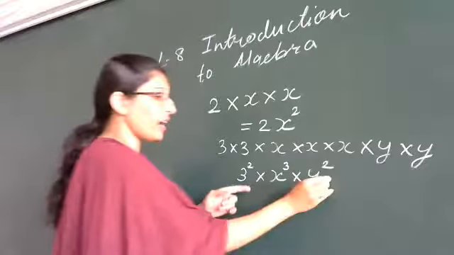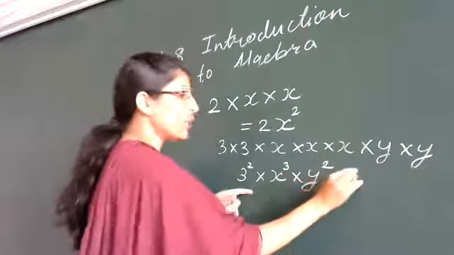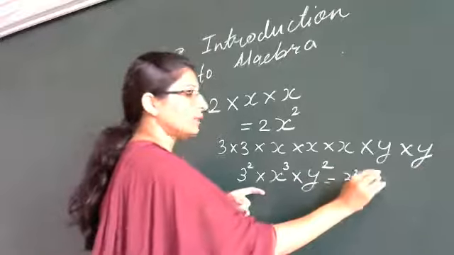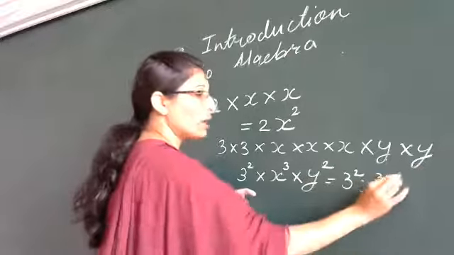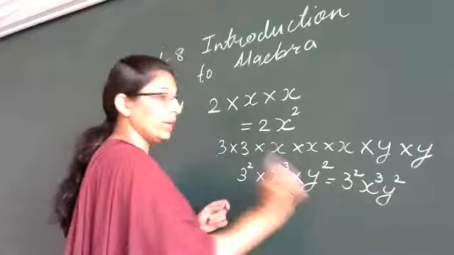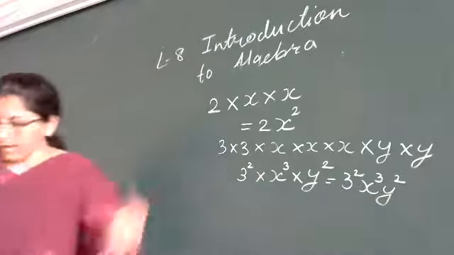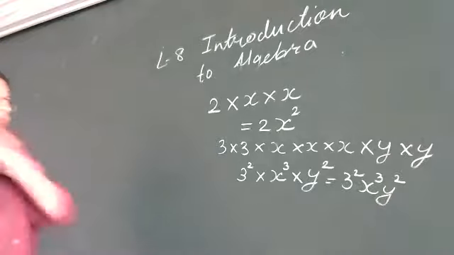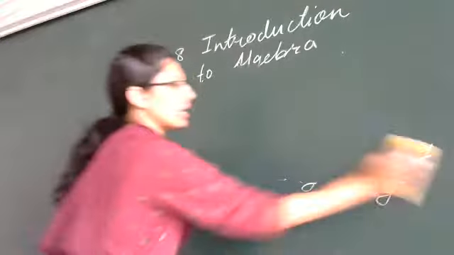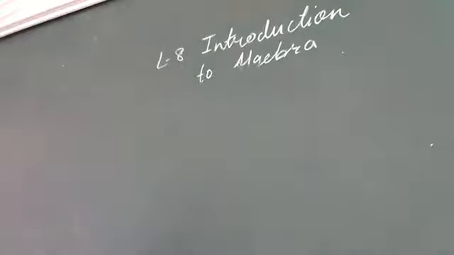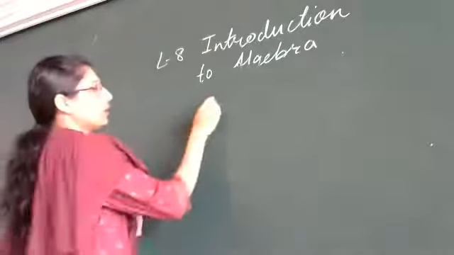So this is how we can write it as 3 square x cube y square without putting the multiplication sign. This we are writing in exponential form.